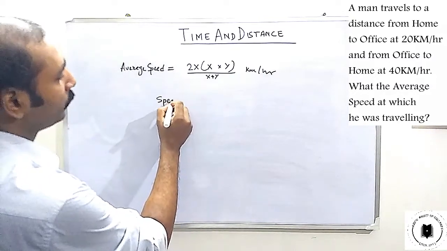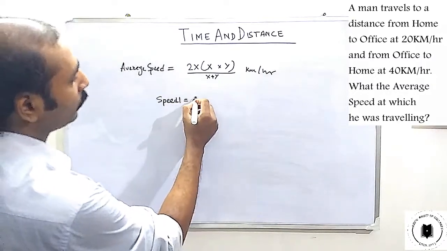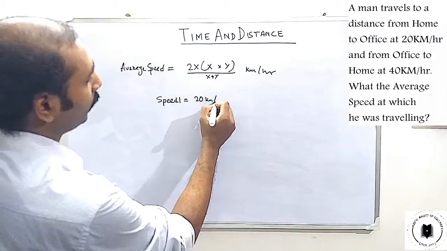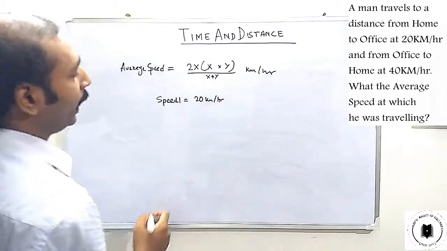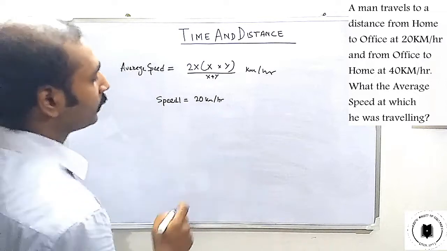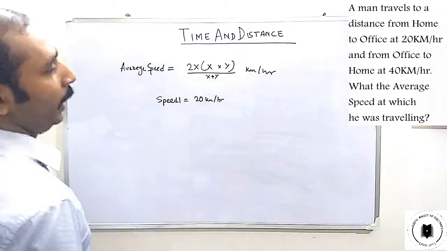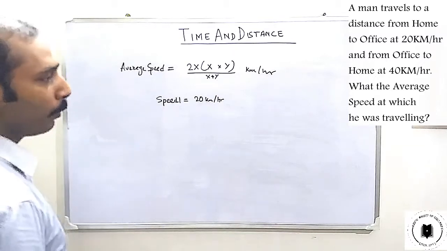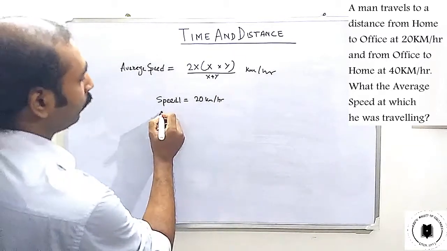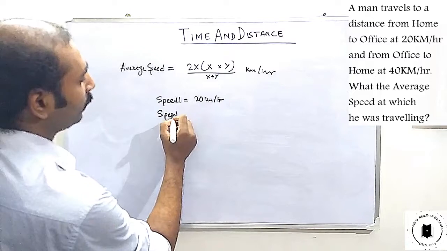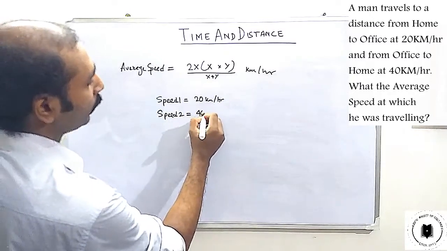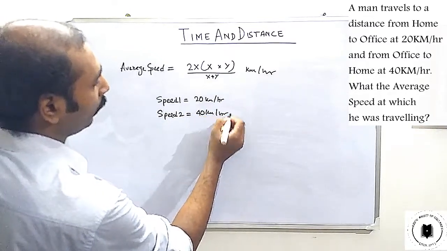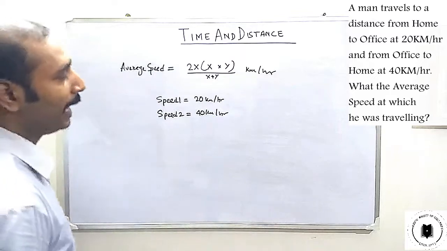That means speed 1 is 20 kilometer per hour, and from office to home he rides a motorbike at a speed of 40 kilometer per hour. That means speed 2 would be 40 kilometer per hour. So it asks what is the average speed.